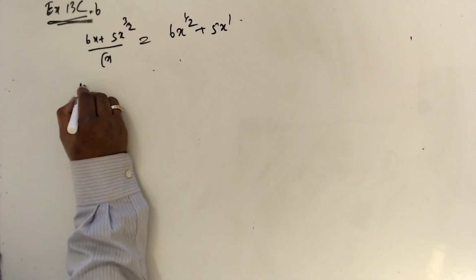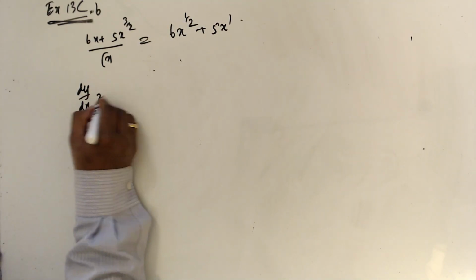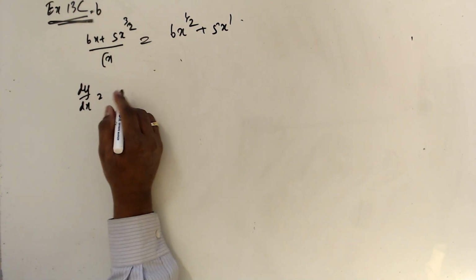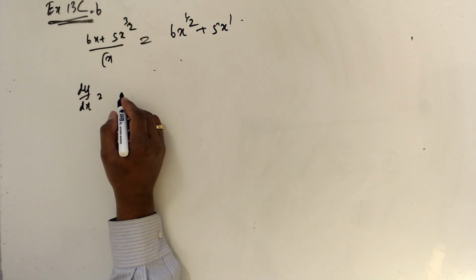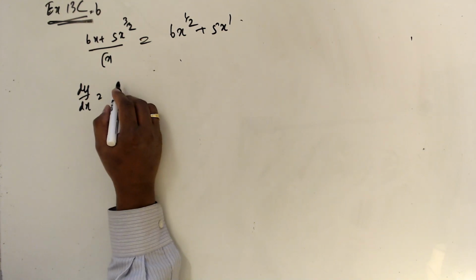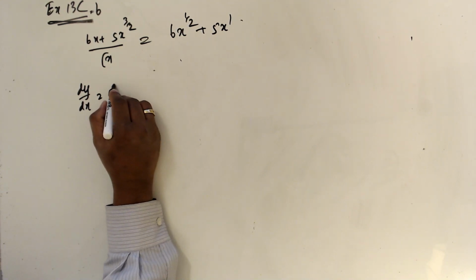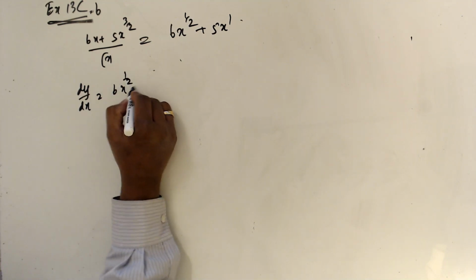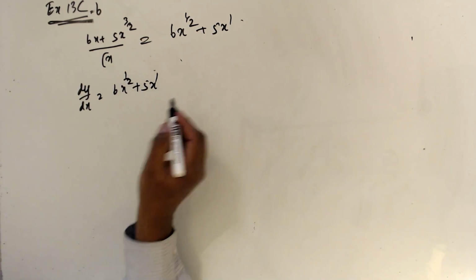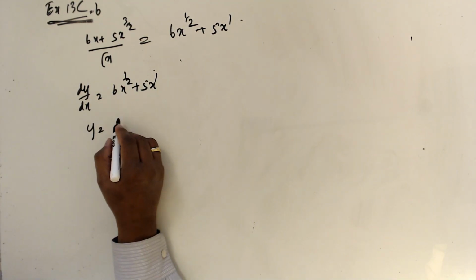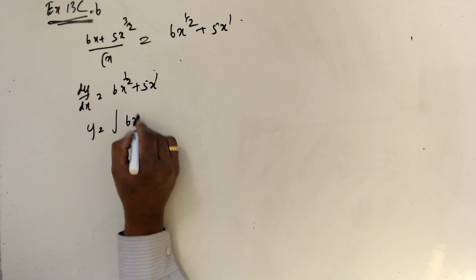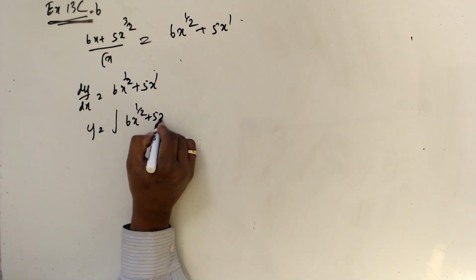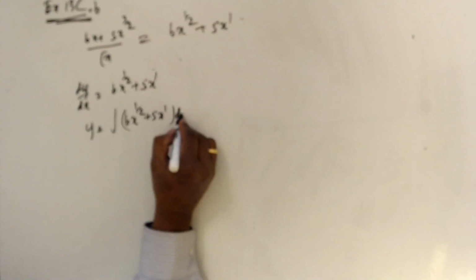Now dy over dx equals 6x half plus 5x1. So y equals the integration of 6x half plus 5x1 dx.